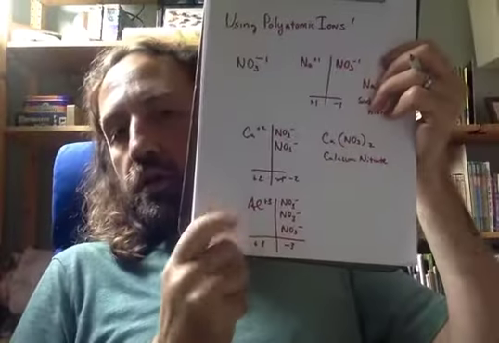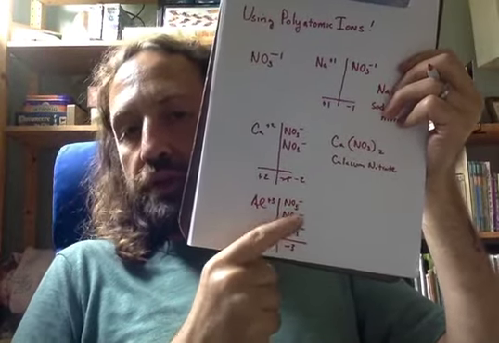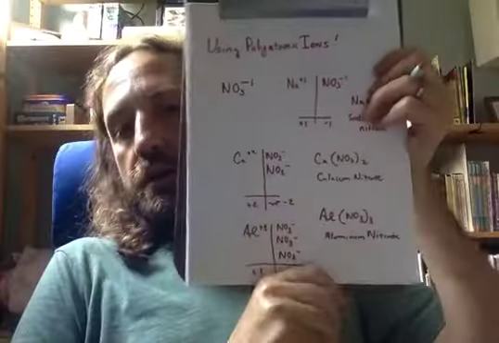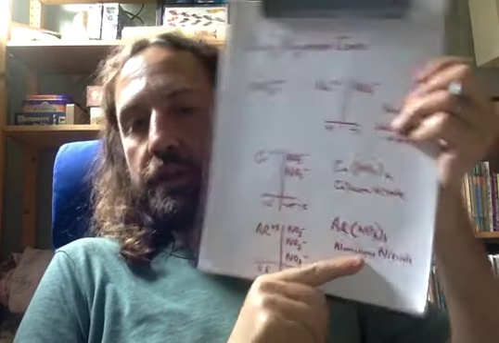And then the nitrate, 1, 2, 3. 1 aluminum, 3 nitrates, because -1, -2, -3 cancels out the +3. And there you go. Okay?